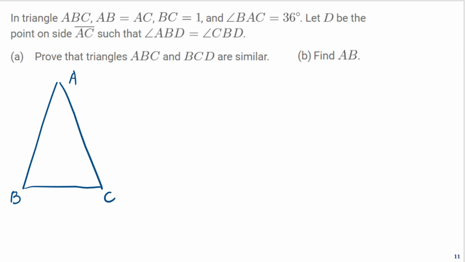Then we have a point here, D, and we know AB equals AC, BC equals 1. Angle ABD equals angle CBD. And this angle here is 36 degrees. That's all we know, right?